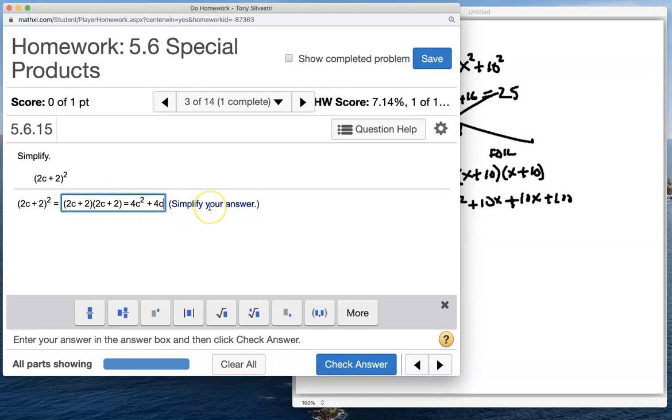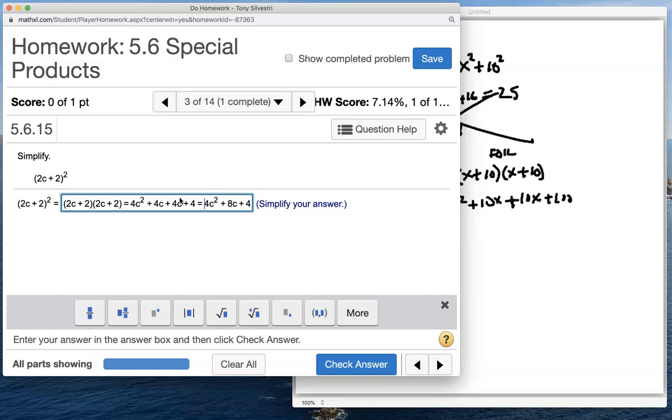Inner, plus another 4c. Last, 2 times 2 is 4. A lot of 4's here. Okay, so when I combine the like terms, I get 4c squared plus 8c plus 4. And there's your answer right there.